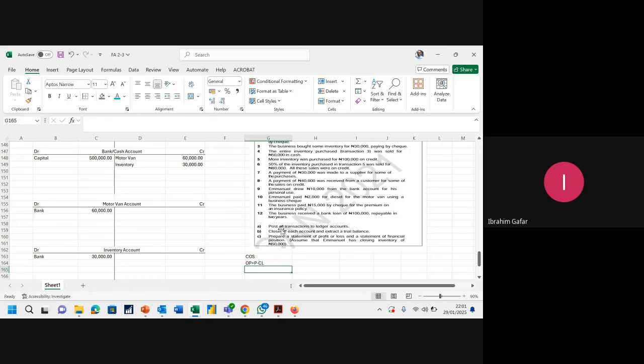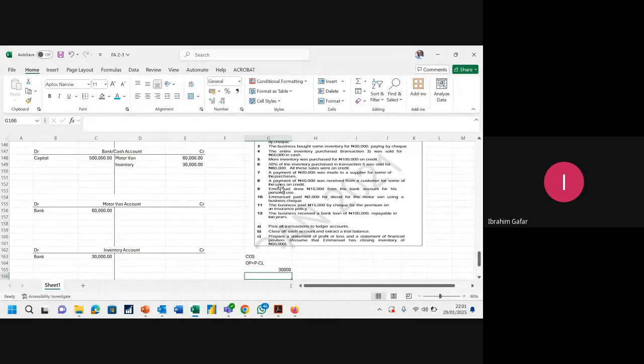What you have done here is that you have purchased inventory. This inventory of initially 30,000 naira will be here. Now they said you sold inventory for 50,000 naira. When you sold that inventory for 50,000 naira, a normal person would have said debit my cash and credit my sales.